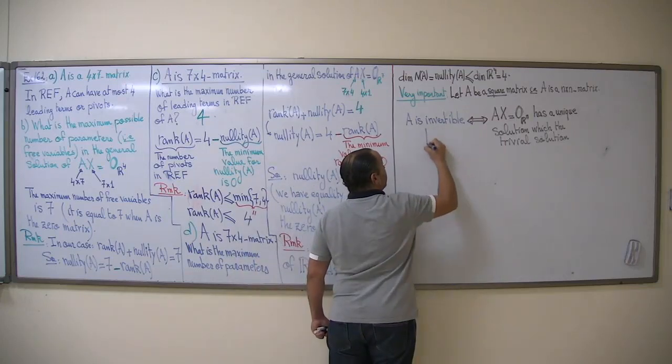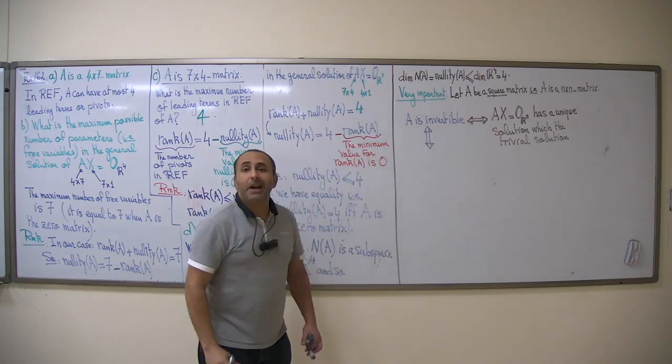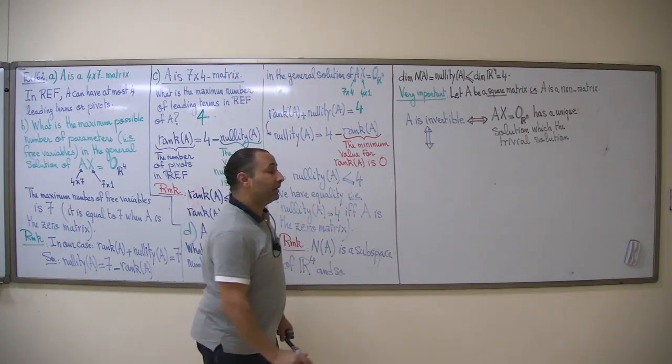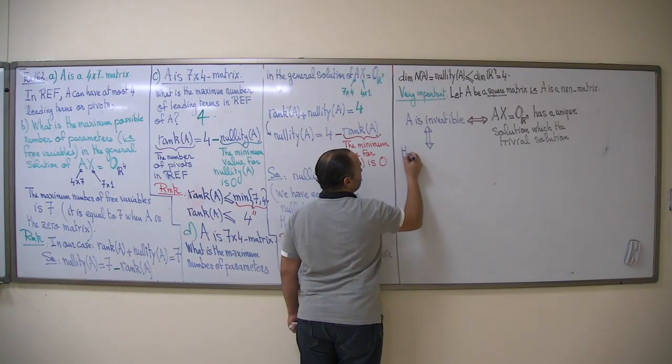But A is invertible means the columns of A are linearly independent.